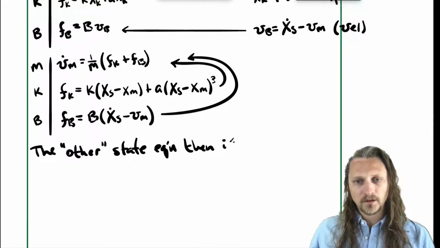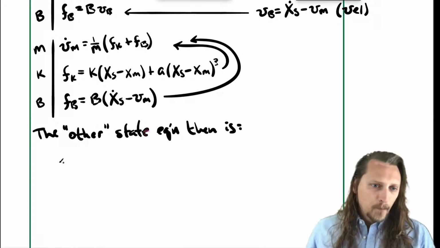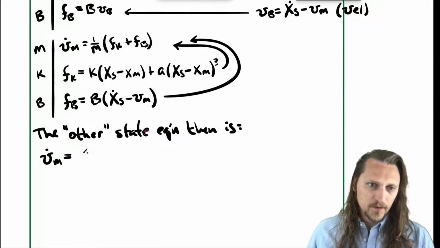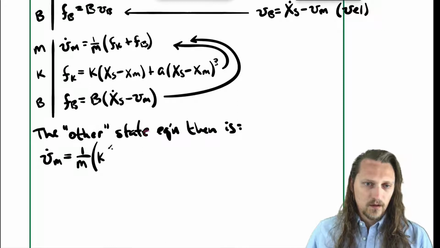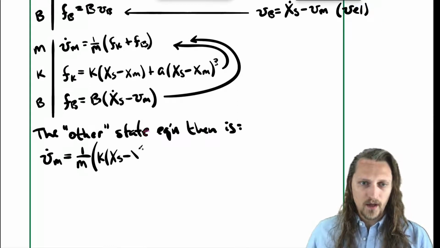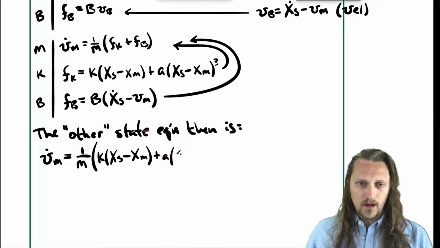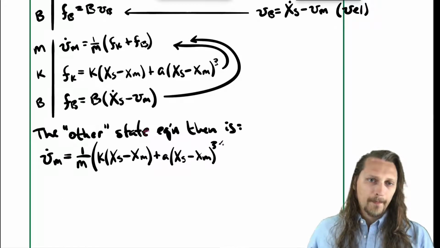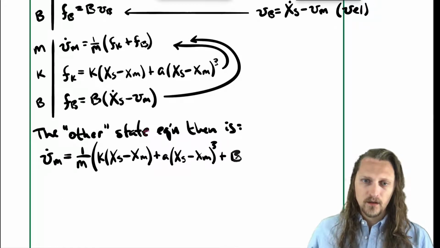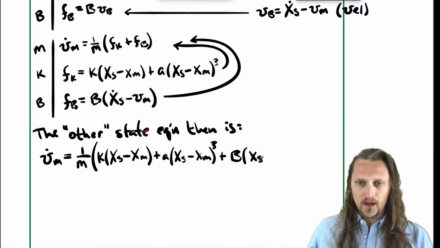Then we have Vm dot equals 1 over m times Fk, which is the second equation, so k times xs minus xm plus a times xs minus xm cubed plus b times xs dot minus vm.